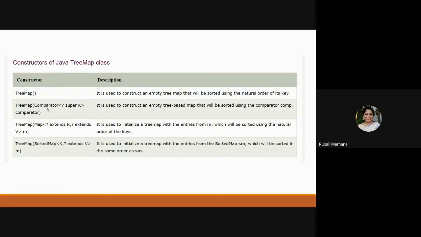You have seen the binary tree. I take a value, and a value which is greater than that will go to the right, and if it is less, it will go to the left. So similarly, I have to use a comparator, and based on the comparator, I have to store the values in the tree.